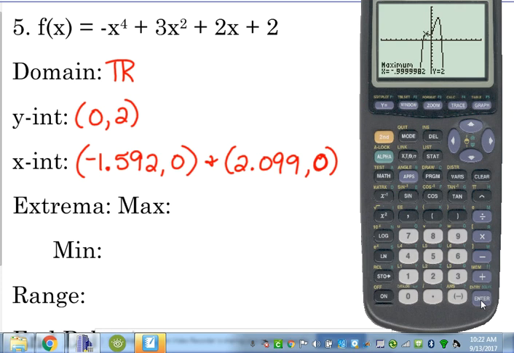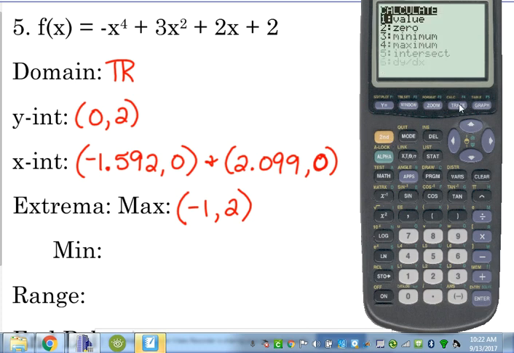Now here's something else to talk about. Negative 0.999999998. That's negative 1. Once again, calculator doing its approximation thing. Did yours give you negative 1? See, Jordan's gave her a negative 1. I don't know why. Okay, it is negative 1, 2 is that maximum point right there.